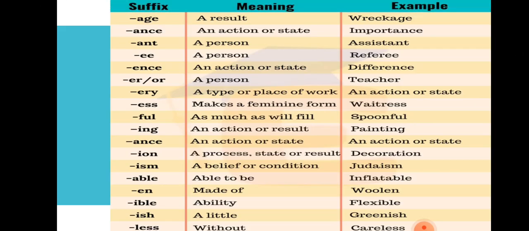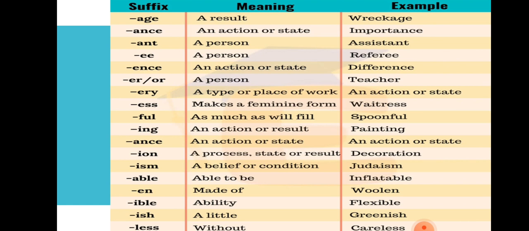And here wreckage, age, it means a result. The meaning for the suffix age, they have given as result. An action or state: ance or ence, that means it is related to the action or state.